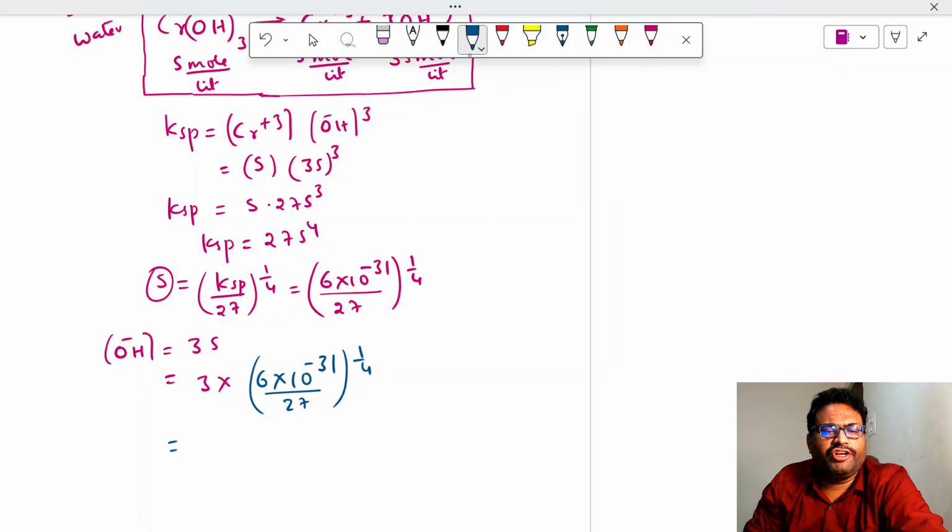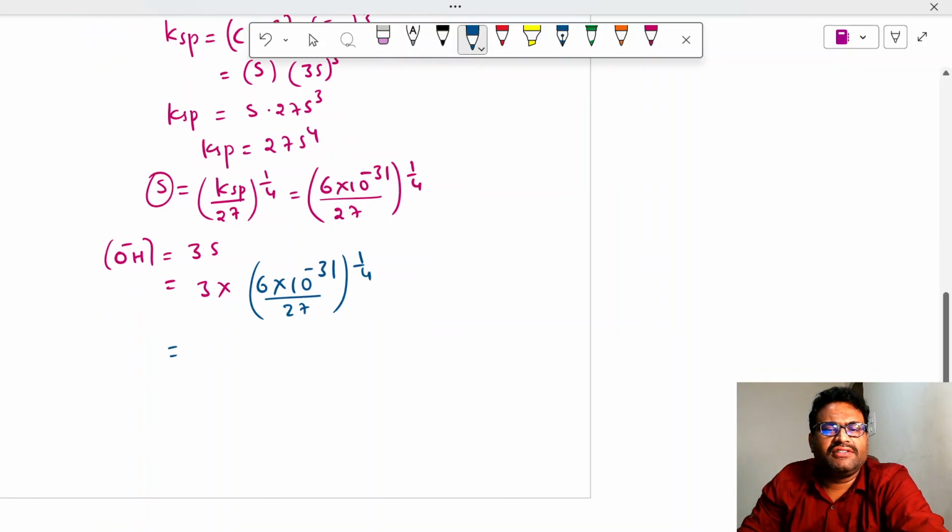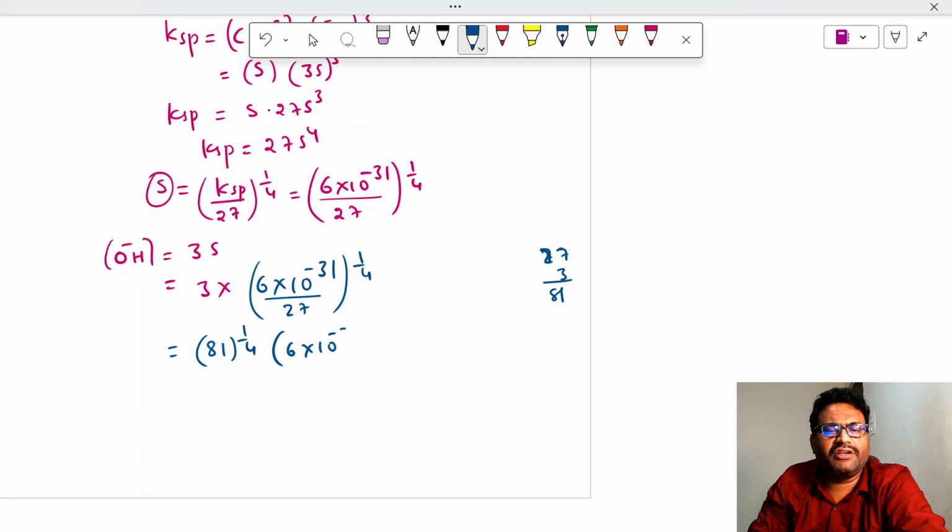Okay, if you convert this 3 into a power of 1 by 4, then I can write it as 81 power 1 by 4 into 6 into 10 power minus 31 by 27 power 1 by 4.